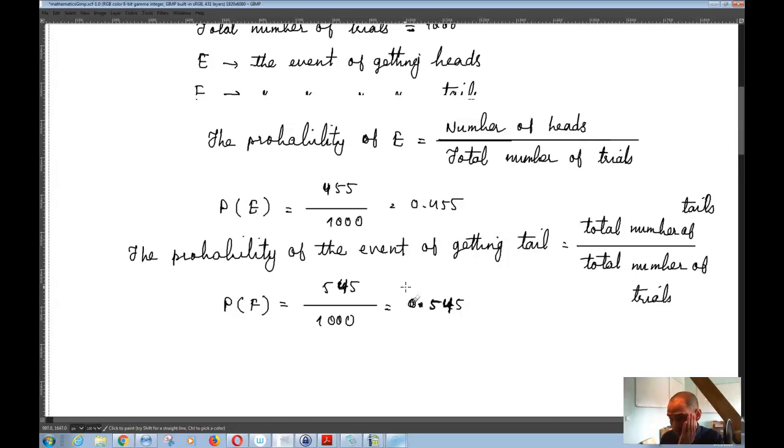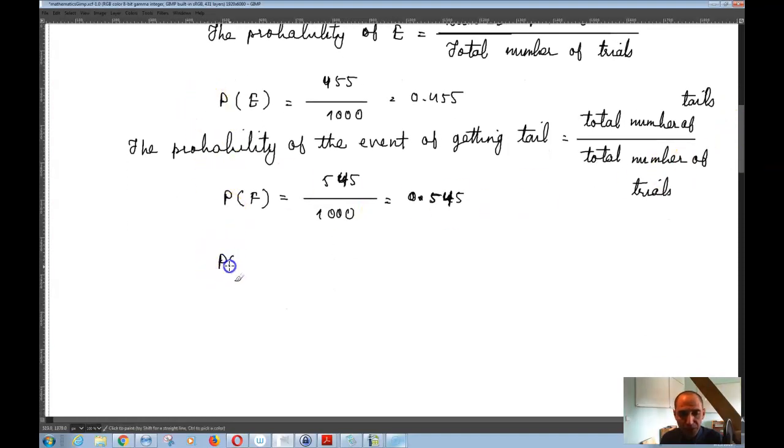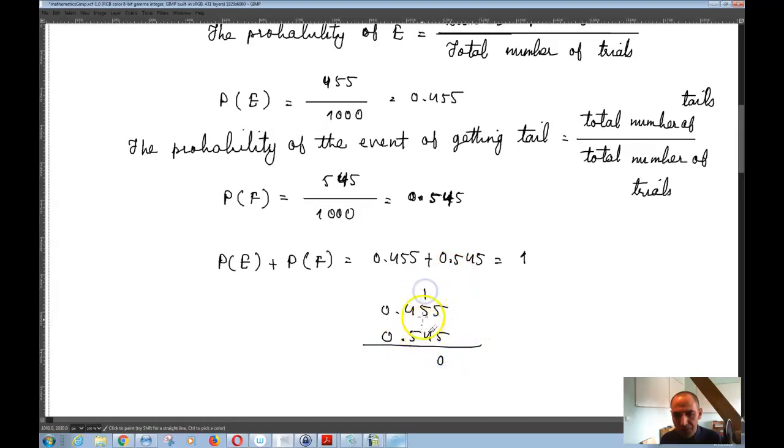And as you can see, note that in the example above, if you add these together, P of E plus P of F is equal to 0.455 plus 0.545, which is equal to simply 1.